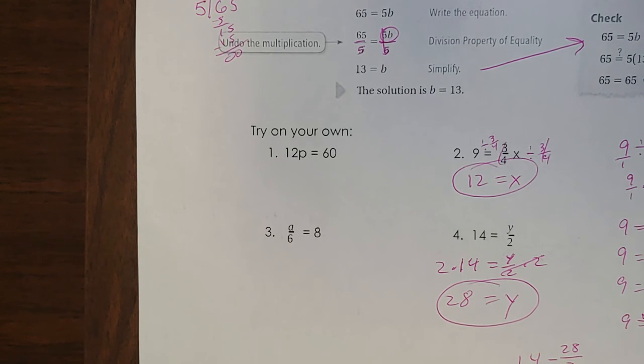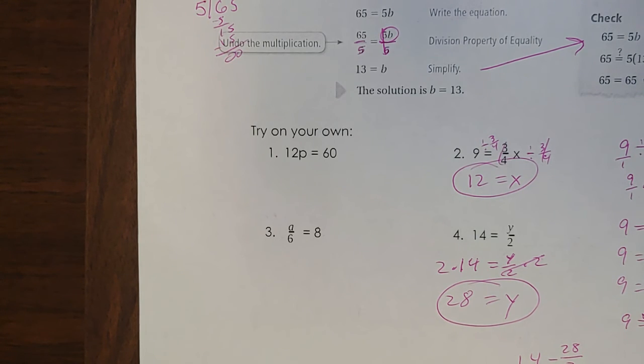Number one, what are we going to do to it? We have to divide. We do 60 divided by 12. Divide both sides by 12.